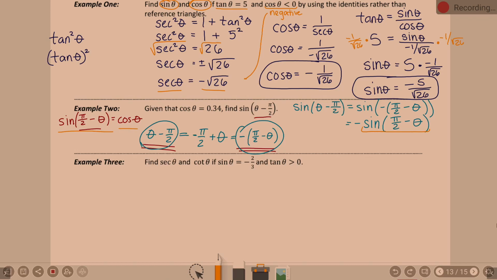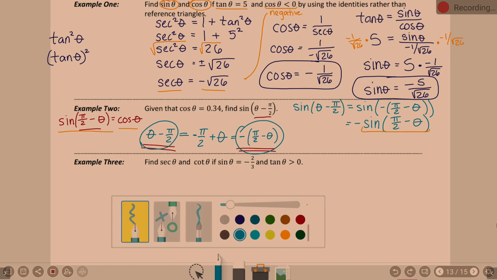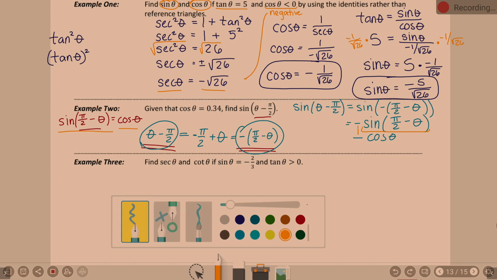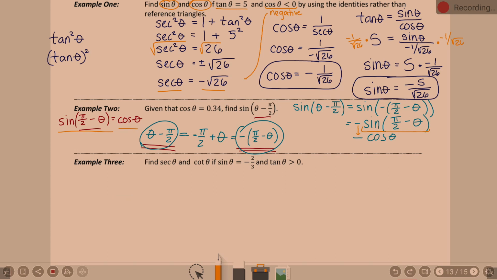So what can I replace it with? I can replace it with cosine. Now, what about that negative out front? That negative out front is just going to carry down. So negative out front carries down. The sine of pi over 2 minus theta turns into cosine theta.